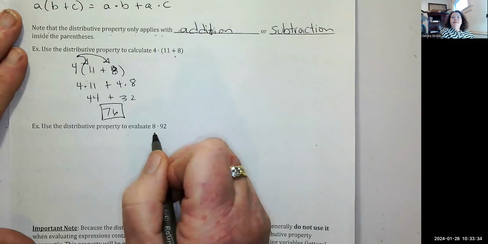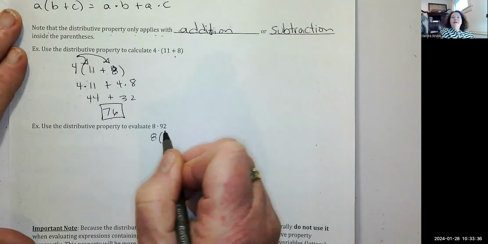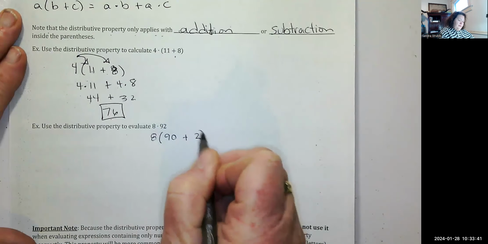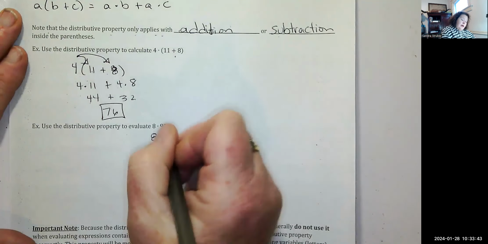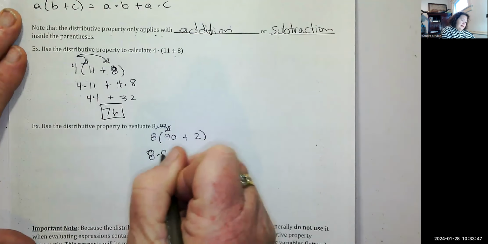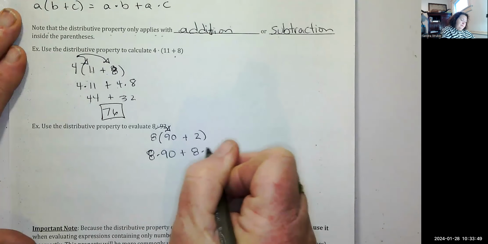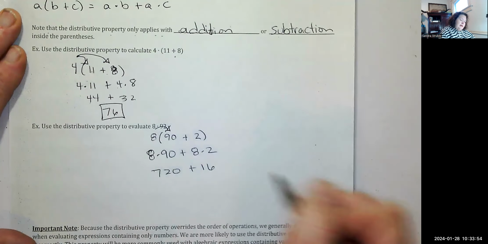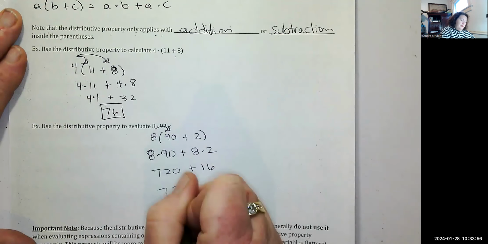To distribute this, you can take 8 times, and I would go 90 plus 2. So 8 times 90 plus 8 times 2. This is 720 plus 16 is 736.